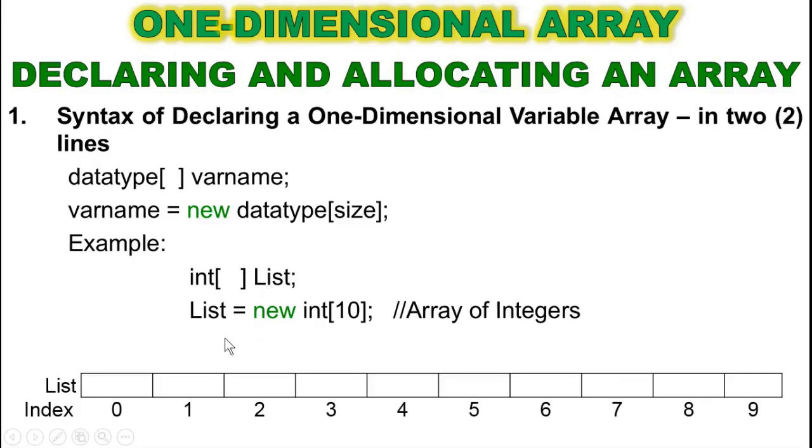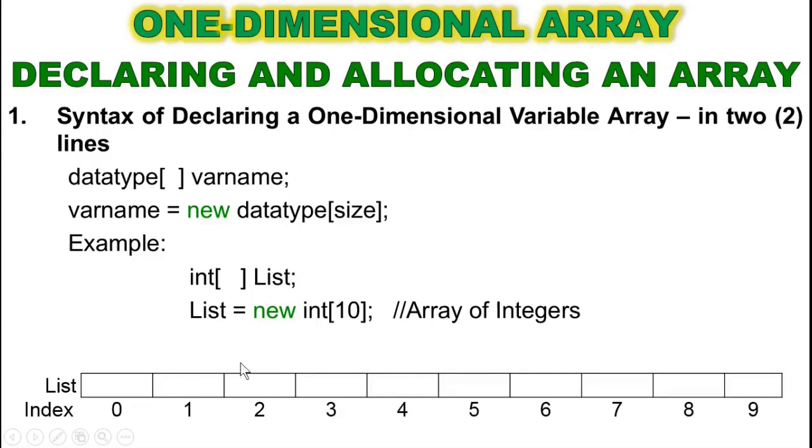As we can see, the name of the array, list, is written in an assignment statement followed by the equal operator with the new operator, followed by the assigned data type int, then an open bracket, the given size 10, closing bracket and semicolon. This array of integers can store 10 different integer numbers.